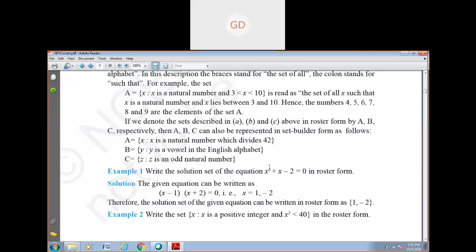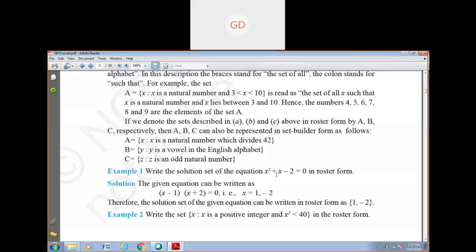Now another example. Here, the solution set of the equation, which is a quadratic equation, x square plus x minus 2 is equal to 0, and we need to express it in roster or tabular form.